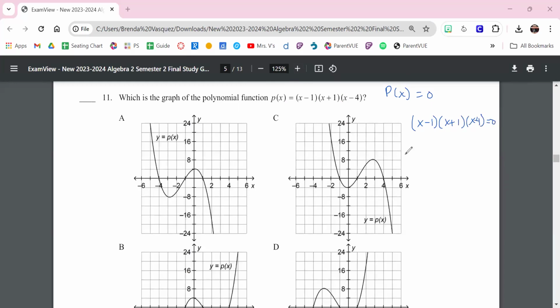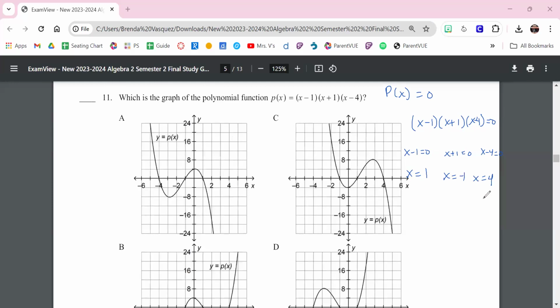The first one, x minus 1 equals 0, x plus 1 equals 0, and the last one, x minus 4 equals 0. What's the solution to the first one? x equals positive 1. The next one, x equals -1. And the last one, x equals positive 4.